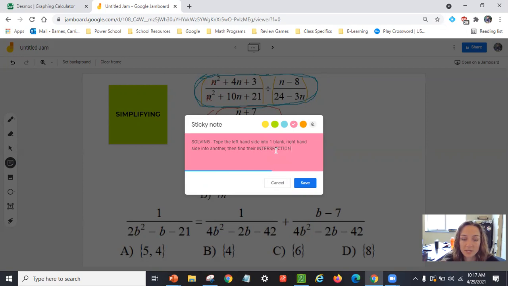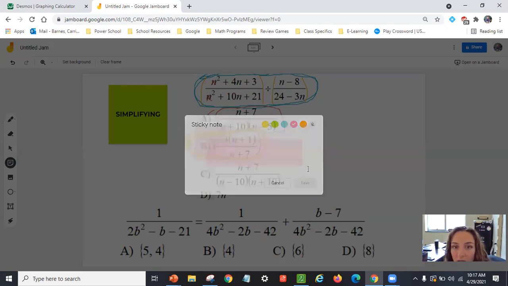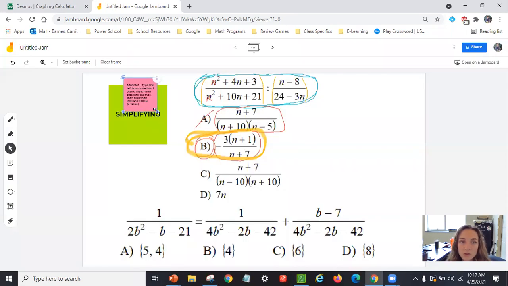And your answer is going to be the x value. So this is what we're going to be doing for this next one.